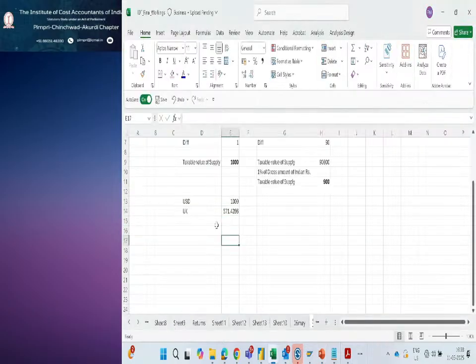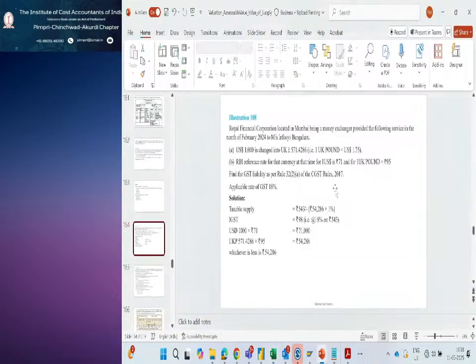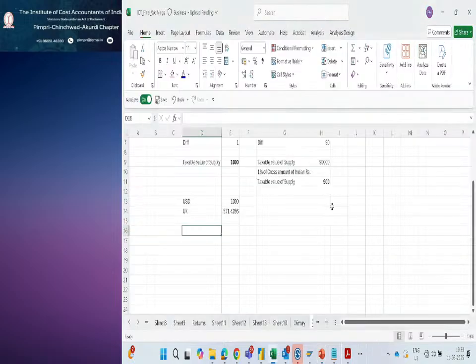Now what is our next step? We need to convert both into INR, because we have been given the RBI reference rate. The dollar is 71, the other one is 95.